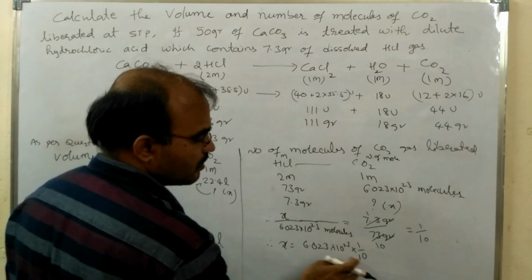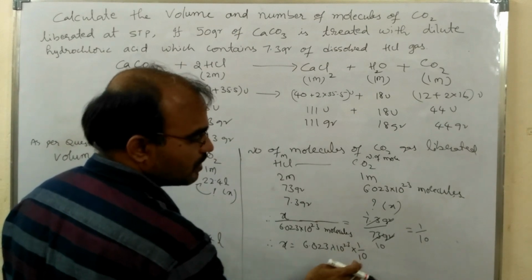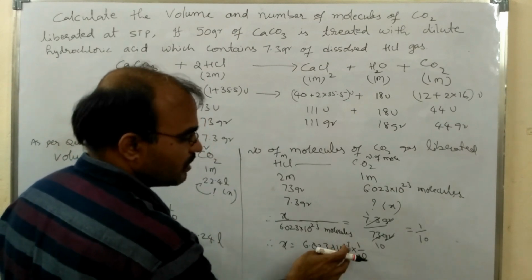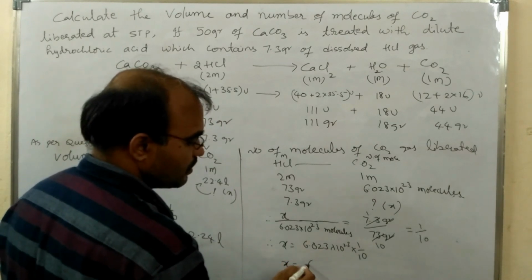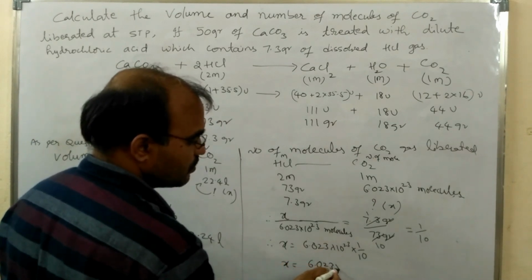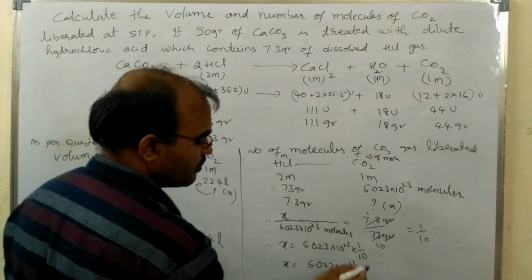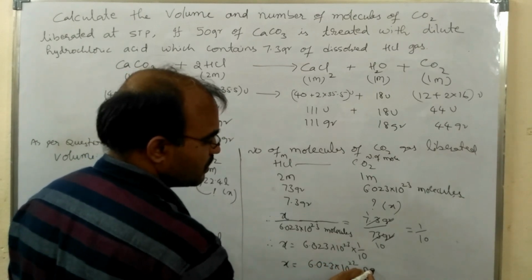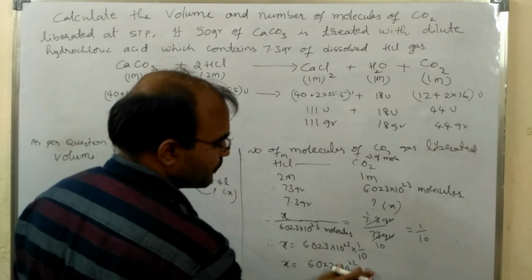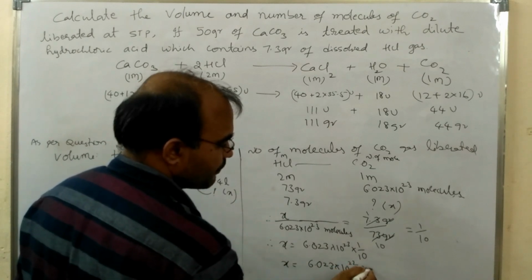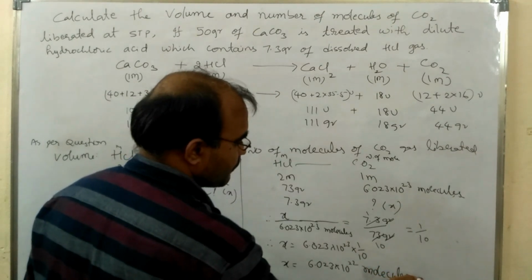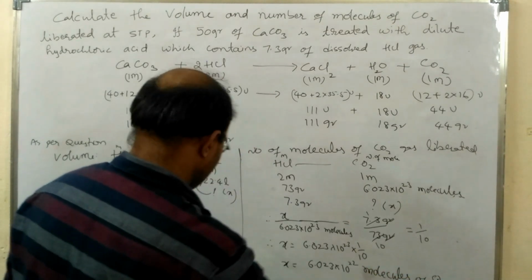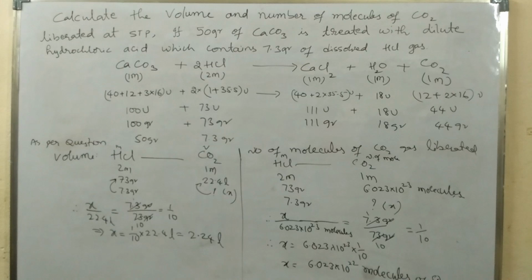So I divide 10 power 23 by 10, one power less. So it is 6.023 into 10 power 22 particles or molecules of CO2 gas will be liberated.